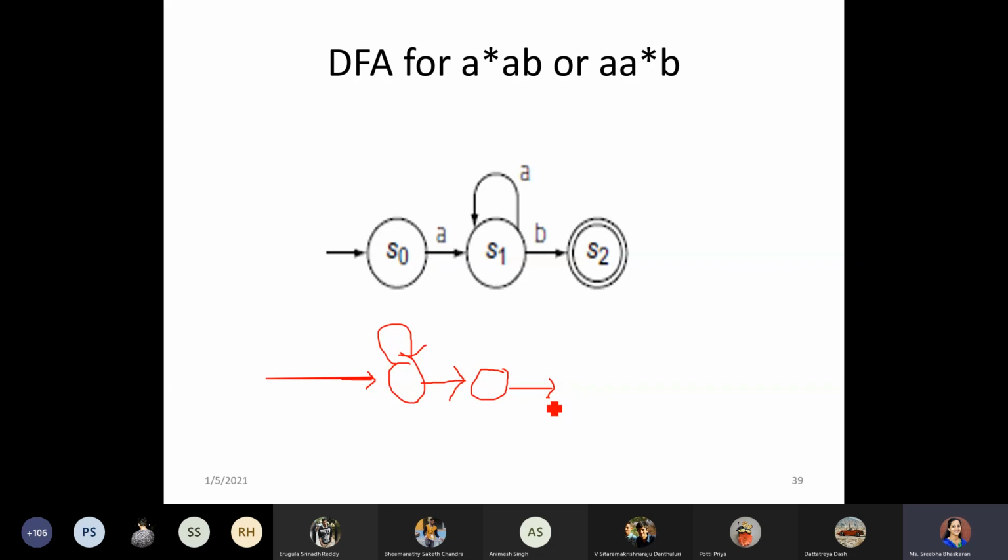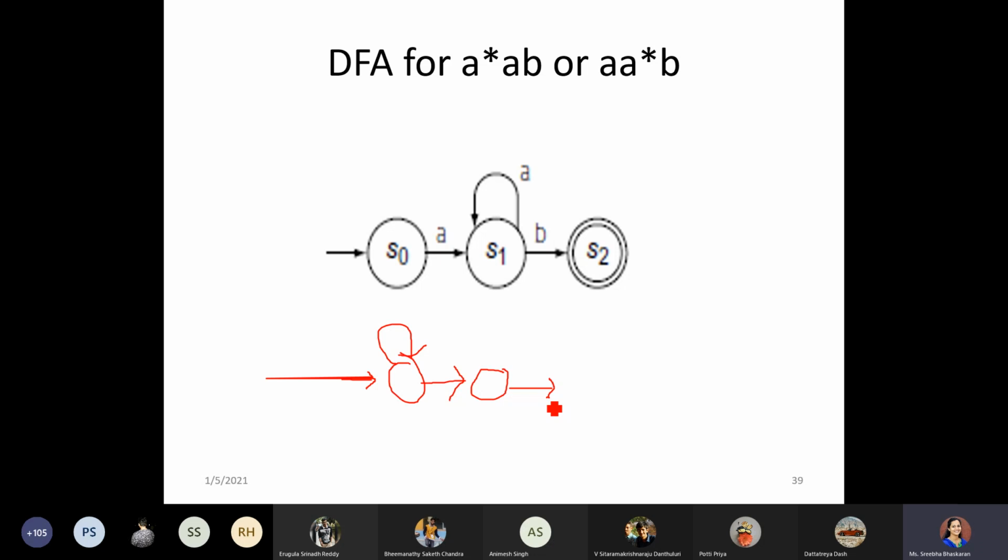Where's my pen? So are you guys doing it parallelly or simply listening? Listening, ma'am. All this we already did, ma'am. Madam, can you draw, madam?